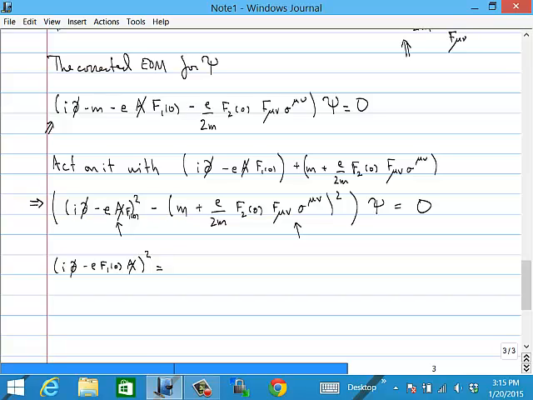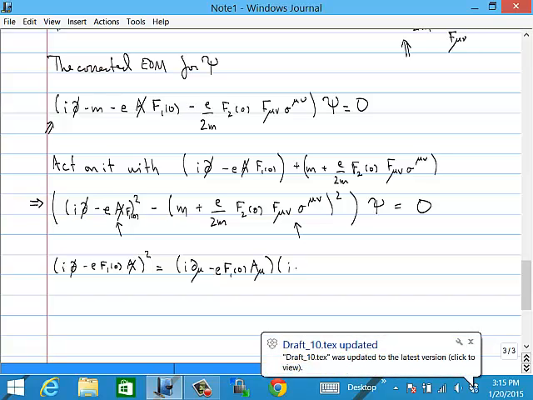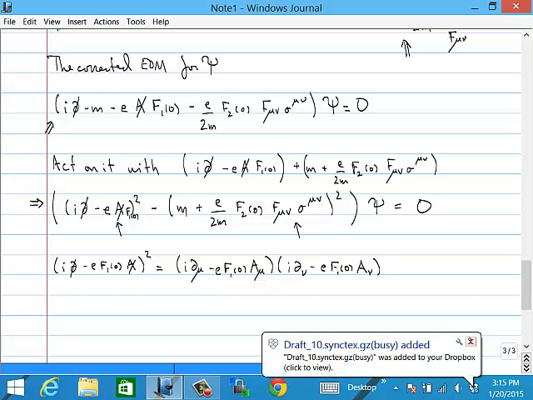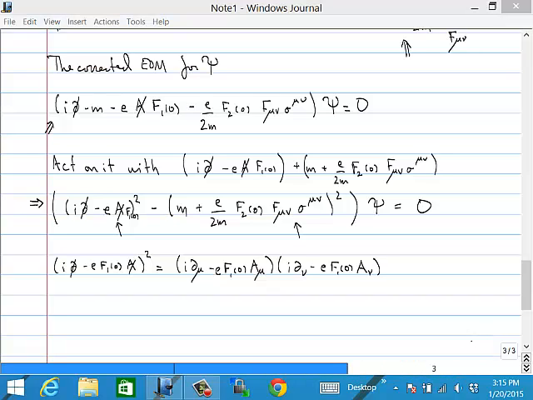So let me rewrite that as i d_mu minus e F1(0) A_mu times i d_nu minus e F1(0) A_nu times gamma^mu gamma^nu.